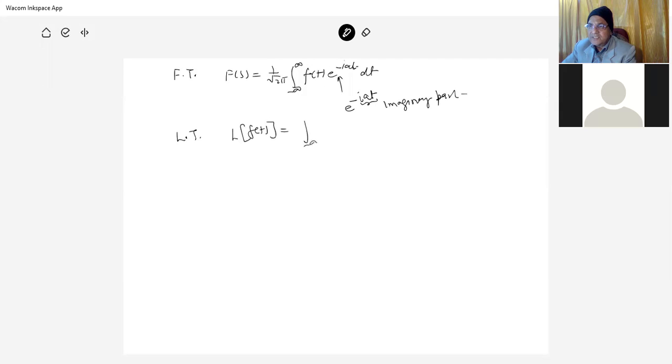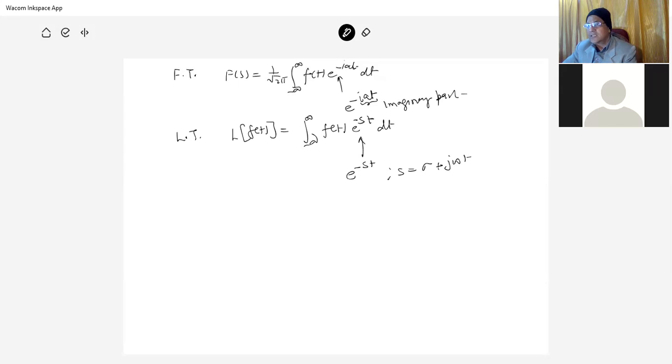But in case of the Laplace transform, L of f of t is minus infinity to plus infinity f of t e raised to the power minus st dt, where s contains sigma plus j omega.